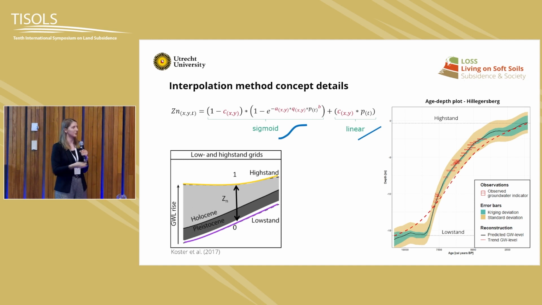I said salt tectonics, so diapirism, the movement of salt in the subsurface. So we try to take into account the different components and then correct for this as well. Okay. Yeah. Thank you.